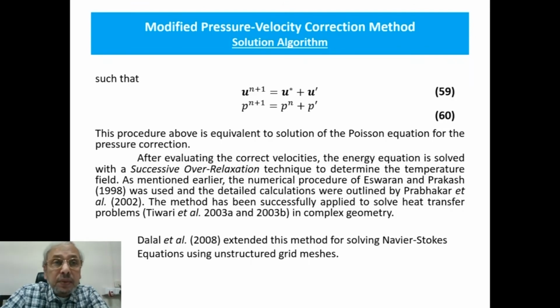See, basically after solving the velocity field, when we go to the energy equation, no longer is the energy equation nonlinear, because velocity quantities in the convective term are known. So solution is relatively easy and it can be done through successive over relaxation technique.